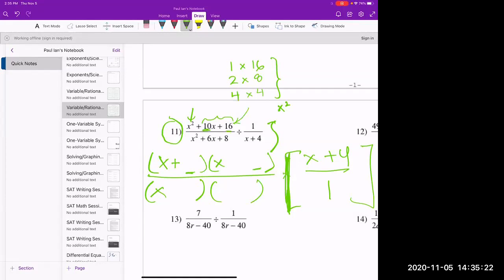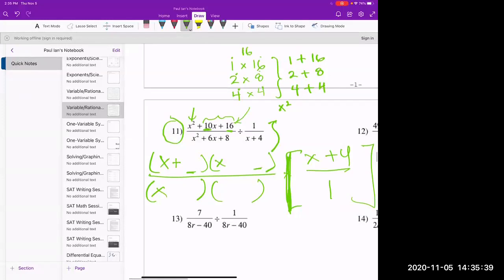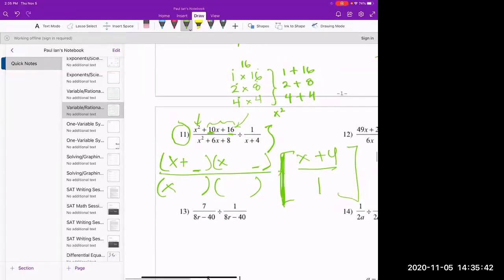So on the outside here, what do you multiply? 1 and 16, 2 times 8, 4 and 4 give you 16, but then when you add these two, 1 plus 16, 2 plus 8, or 4 plus 4, this one is supposed to give you 16, and this one is supposed to give you 10. So let me ask you again, what are the two numbers that you multiply that when you add them give you 10?